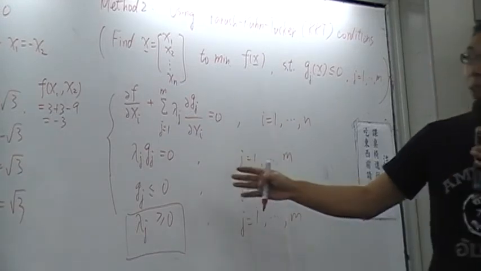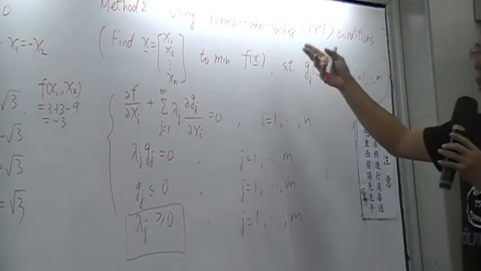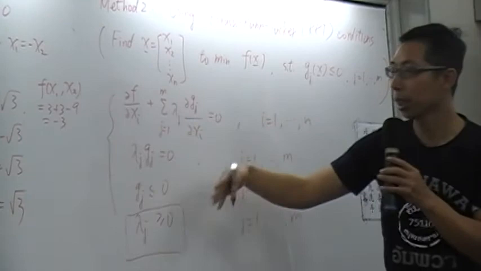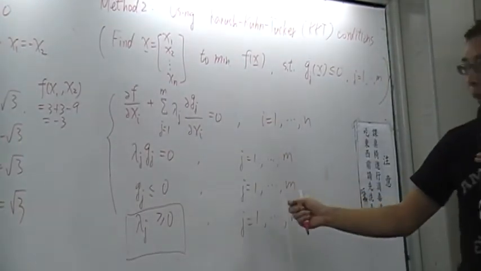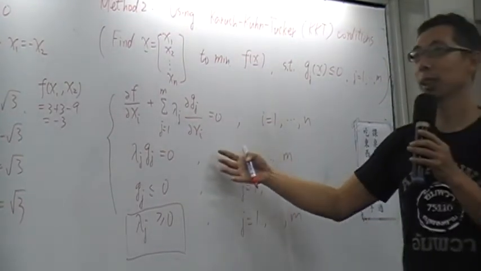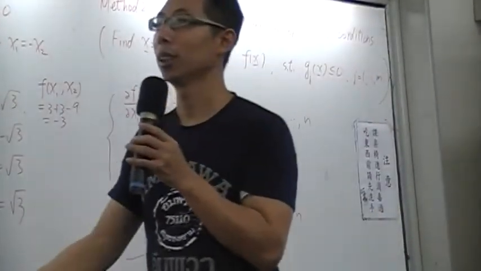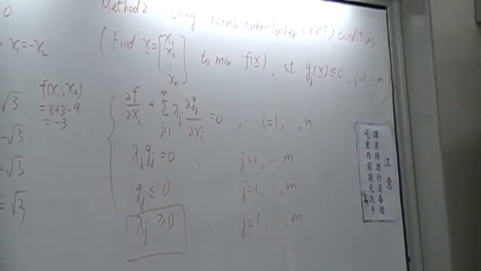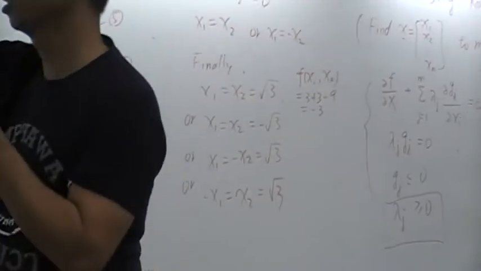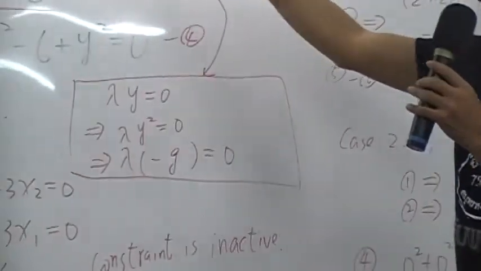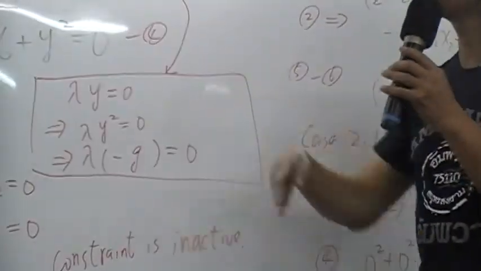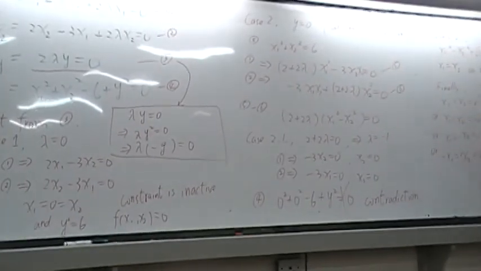So any question? This is the so-called using KKT conditions. Altogether, they are basically equivalent to the previous methods we have learned. I just showed you that the first equation is the same thing, and 2 lambda y is equivalent to lambda g.